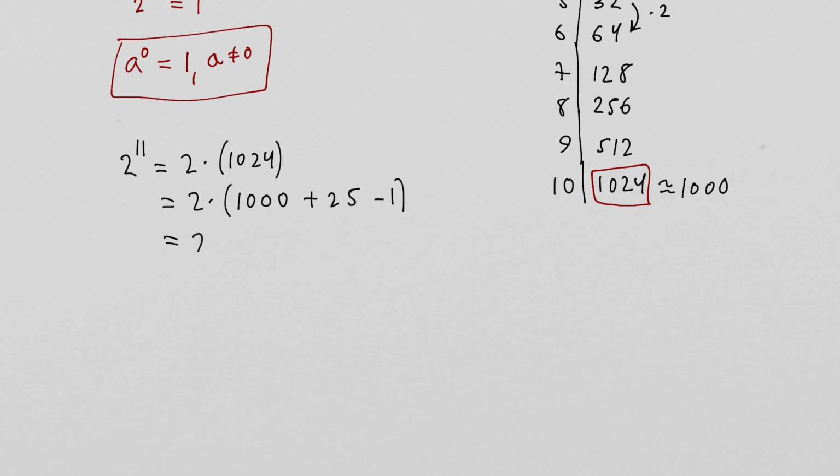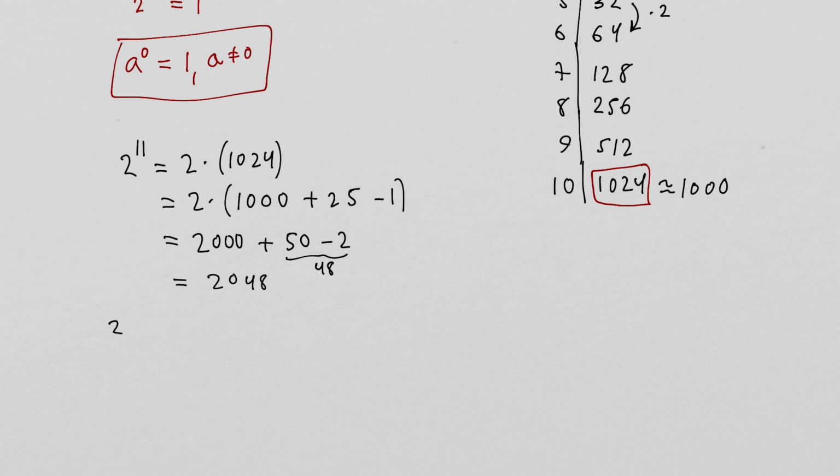Making the calculation we get 2000. 2 times 25 is 50. And 2 times minus 1 is minus 2. Here we use the distributive law. So the result is 2048.